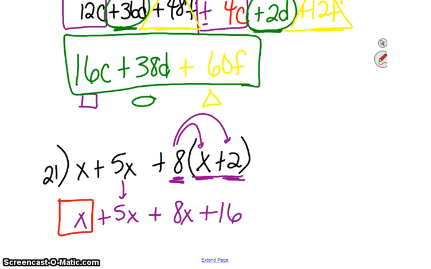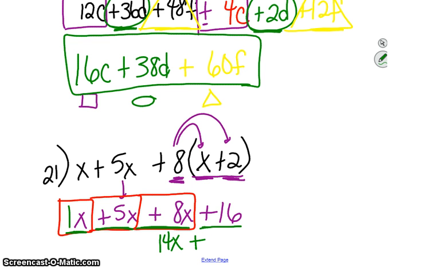So I'm going to box this x, I'm going to box this plus 5x, and I'm going to box this plus 8x. And I'm going to combine. x is like 1x, so 1x plus 5x is 6x, plus 8x is 14x. 16 is by himself, he has no letter, so he's going to go at the end. So plus 16.